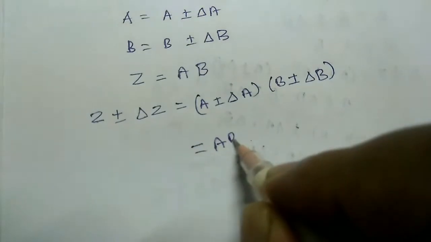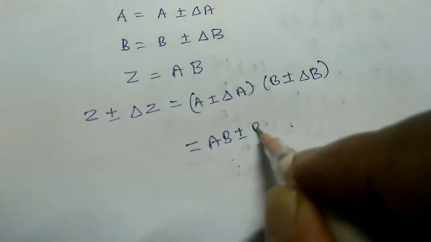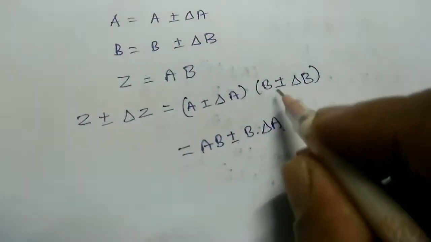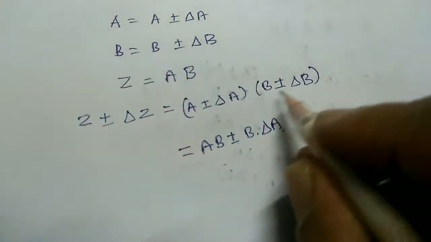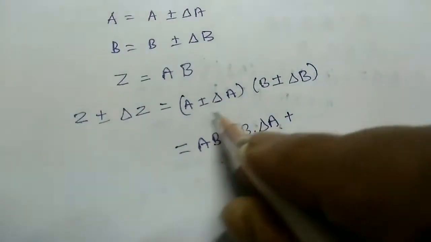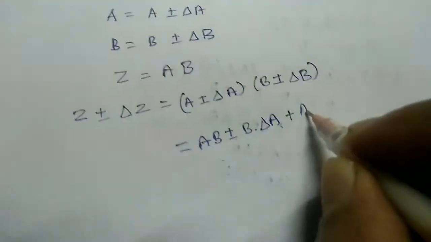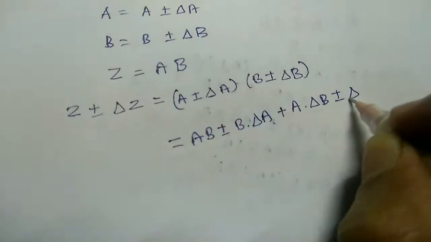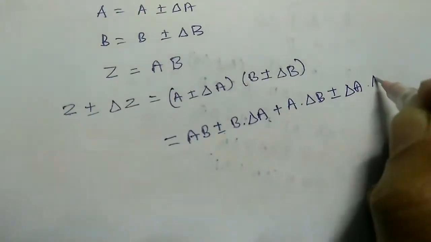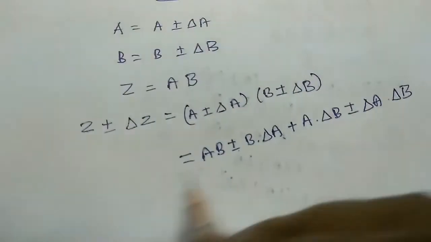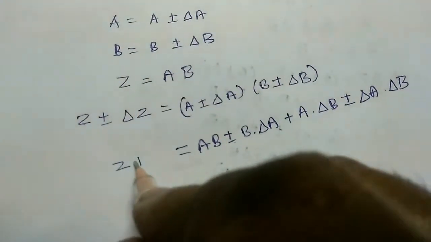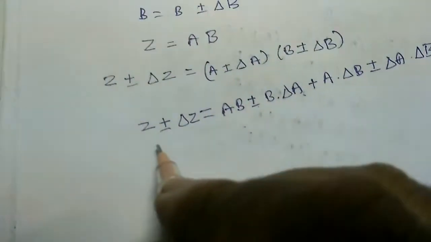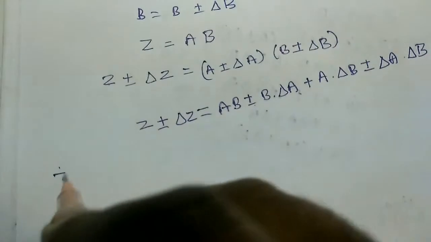Then you get AB plus or minus B into del A. Next you take del B and multiply with the first two quantities, A into del B, plus or minus del A into del B. Okay. Now the left hand side, what is left? Z plus or minus del Z.